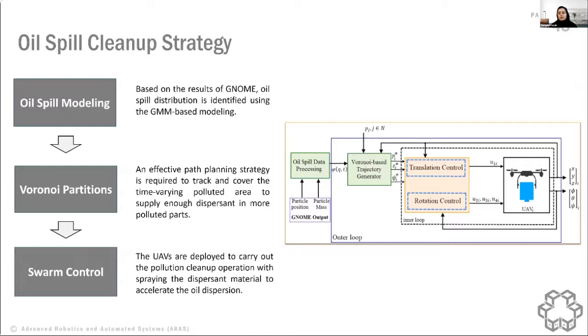To move to this new position, each UAV will use the integral terminal or super twisting sliding mode control in the inner loop. Based on this framework, the closed loop system converges to the centroidal Voronoi tessellation, and then the dispersant would be sprayed on the oil spill in an optimal manner.